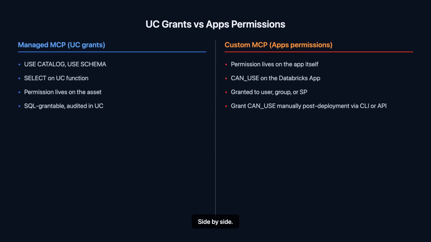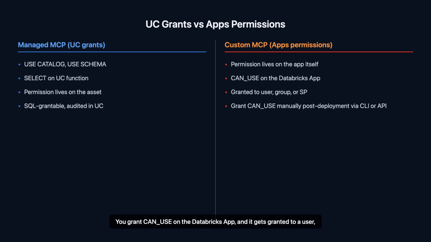Side by side, managed MCP uses Unity Catalog grants: use catalog, use schema, select on the function. The permission lives on the asset, it's SQL grantable, and every check is audited inside Unity Catalog. Custom MCP is different. The permission lives on the app itself.